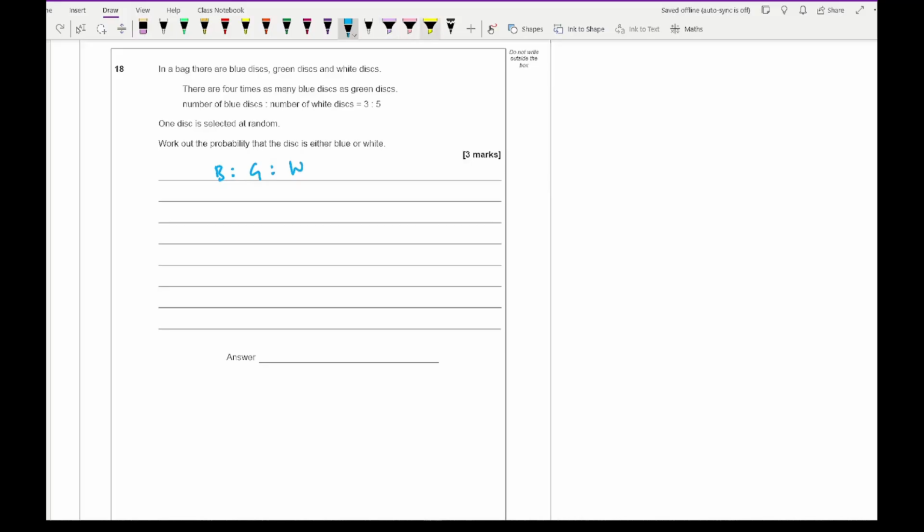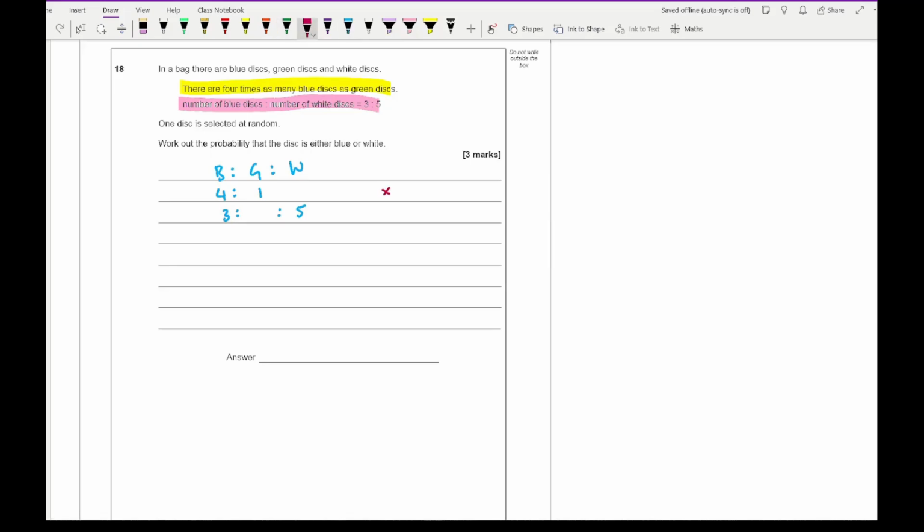Now reading the first bit of information, which says that there are 4 times as many blue discs as there are green discs, means that I've got a ratio of 4 to 1. Then reading the second bit of information, which says that the number of blue discs to number of white discs is 3 to 5, what I need to do here is to try and get the same number of blue discs. So treat this like simultaneous equations.